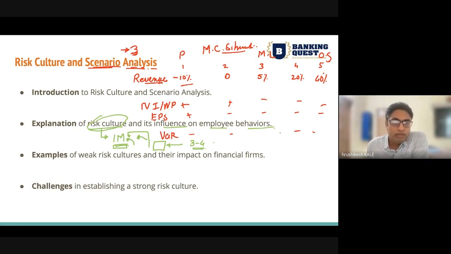Okay, challenges in establishing a strong risk culture. There are many challenges while establishing a strong risk culture. Basically, the HR team will not be happy about giving 1 month paid holiday to these people. So there are many issues, but big companies are really coming up with a good risk culture.